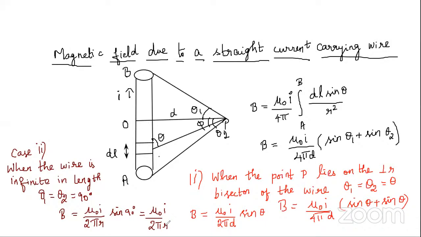When the wire is semi-infinite, it is half of the length of the infinite wire. So in that case, you have to divide this expression by 2, and then you will get mu naught I by 4 pi r. That is case 3, when the wire is semi-infinite.